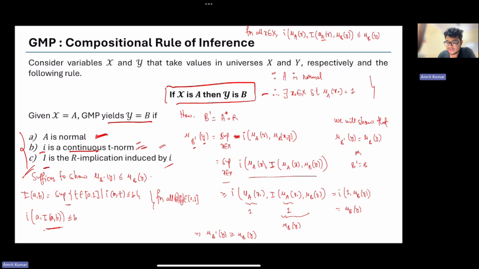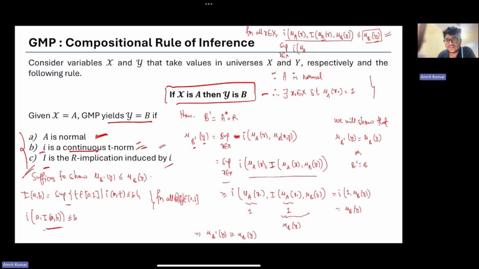So this is something that can be said for all members x of our universe capital X. And therefore, this quantity, mu B of y, is an upper bound for all these quantities as x varies over the set capital X.